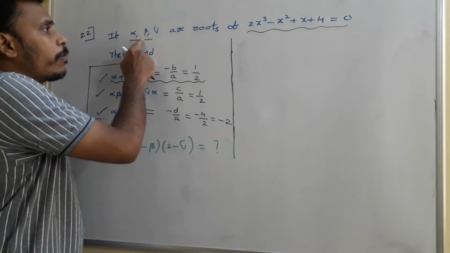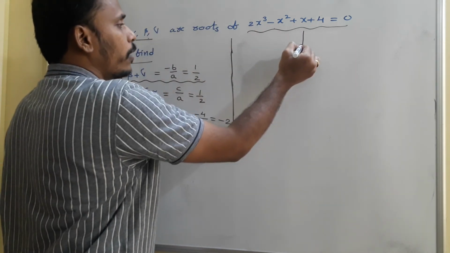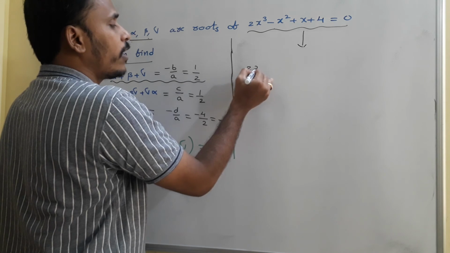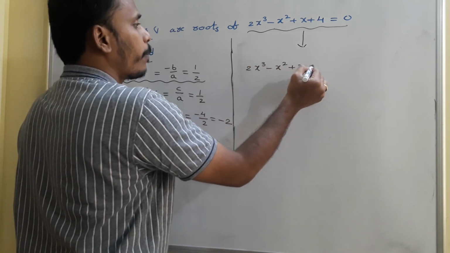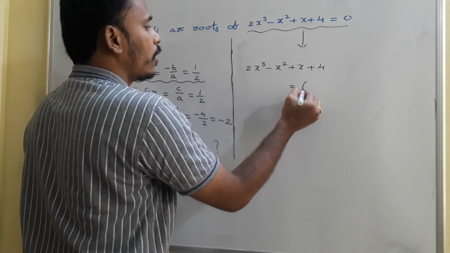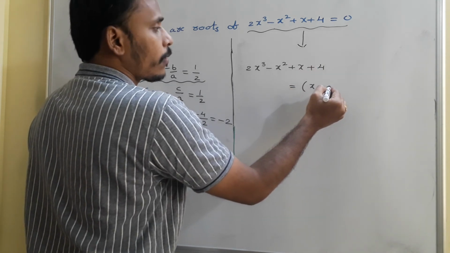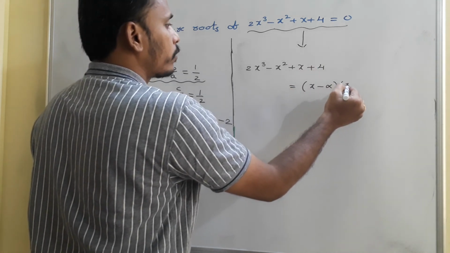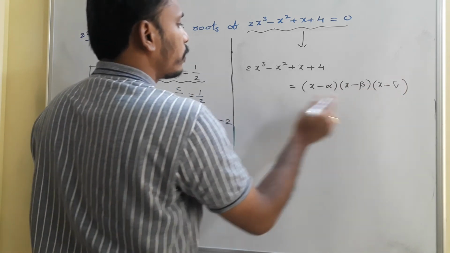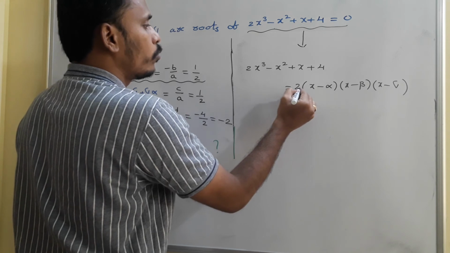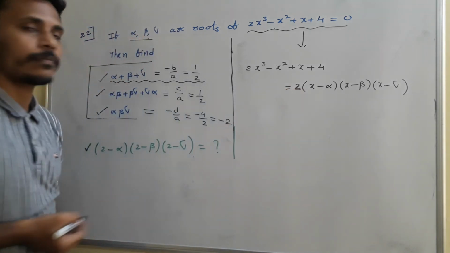So since alpha, beta, gamma are the roots of this polynomial, we can rewrite it in such a way: 2x cube minus x square plus x plus 4 is equal to x minus alpha into x minus beta into x minus gamma, into 2, because the leading coefficient is 2, right?